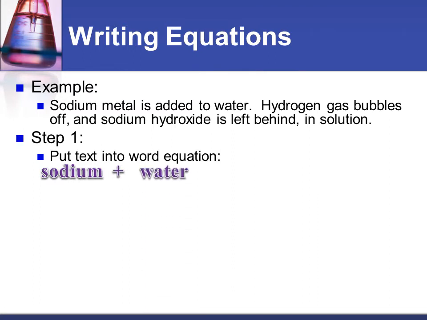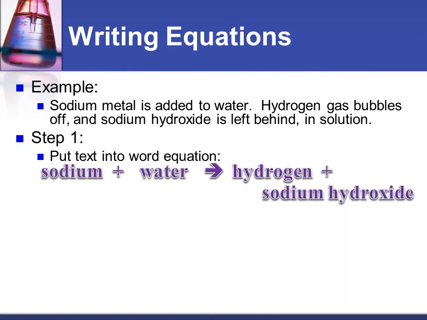Those are our reactants. That goes on the left side, and then we can add an arrow. Hydrogen gas bubbles off, so that's released, so that's a product. So we can write hydrogen, plus sodium hydroxide.